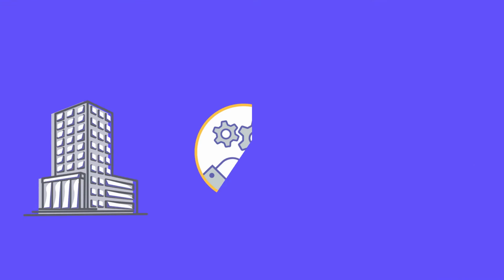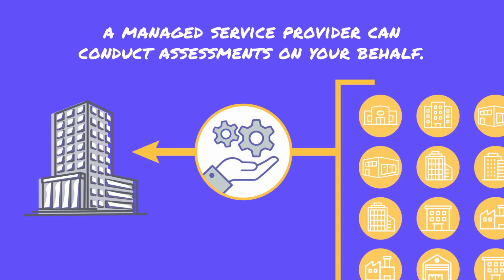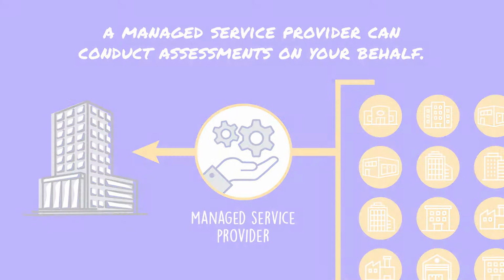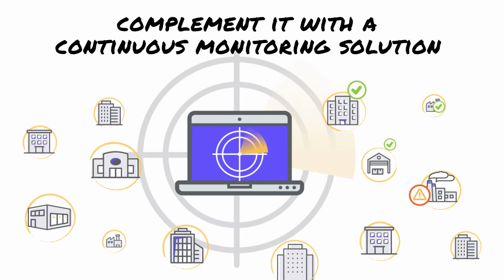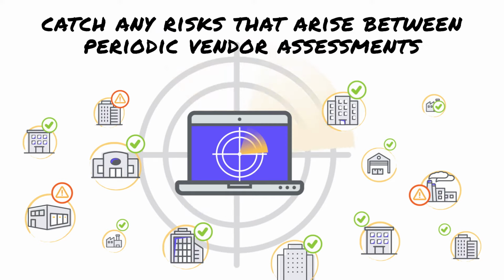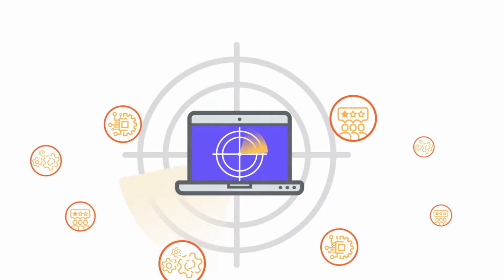Or if you prefer a more hands-off approach, a managed service provider can conduct assessments on your behalf. Finally, whichever approach you take, be sure to complement it with a continuous monitoring solution to validate responses and catch any cyber, business, or reputational risks that arise between your periodic vendor assessments.